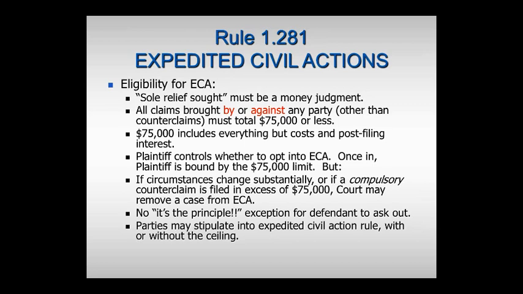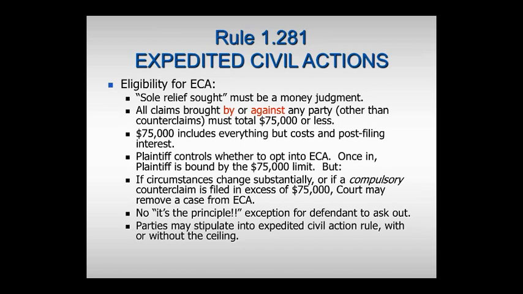The other way to get out of the ECA is for circumstances to change. That applies both to the plaintiff and to the defendant. The rule is silent on who can file a motion to remove the case from the ECA, but the rule makes it clear that it has to be a substantial change in circumstances after the filing.